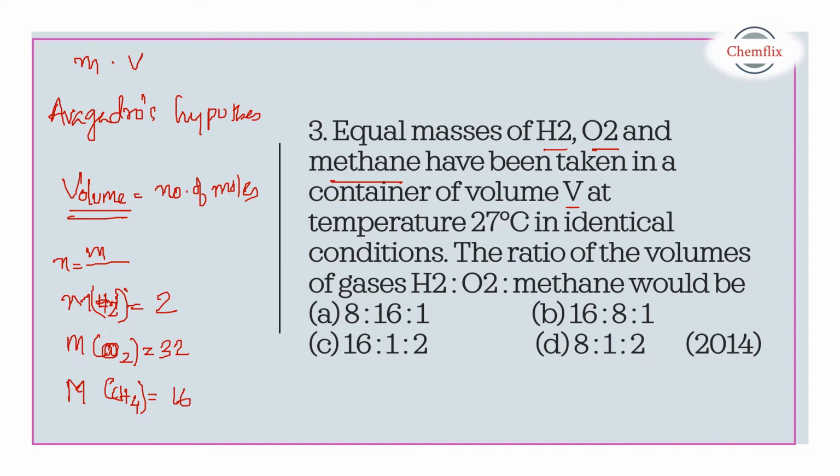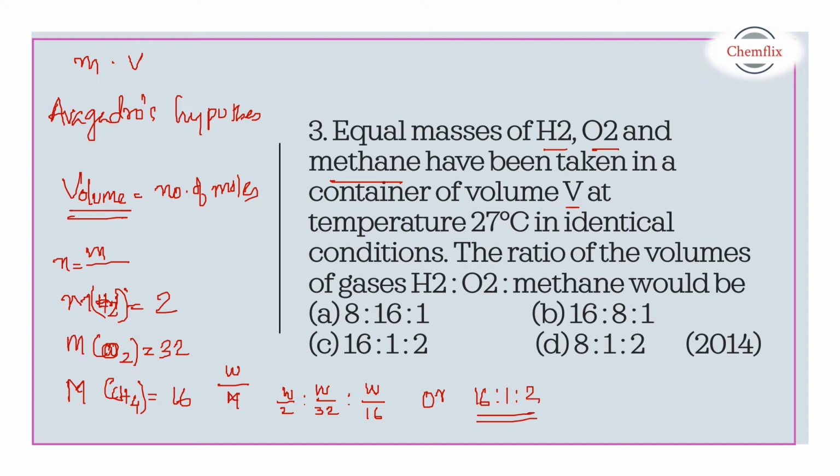So what will be the ratio? W divided by capital M, that is W divided by 2 is to W divided by 32 is to W divided by 16. How will you find the ratio? You will get 16 is to 1 is to 2.